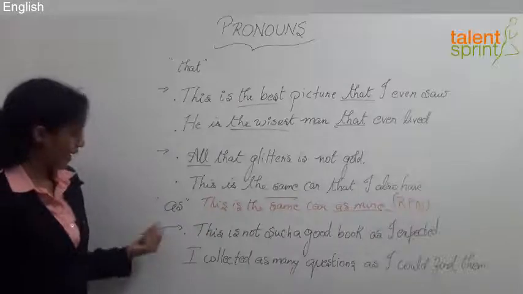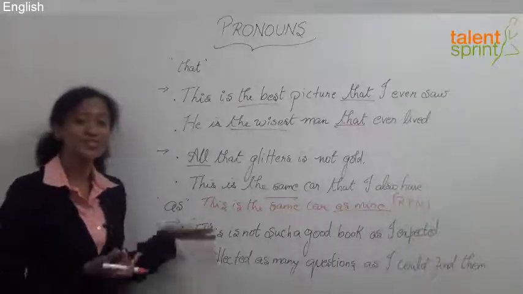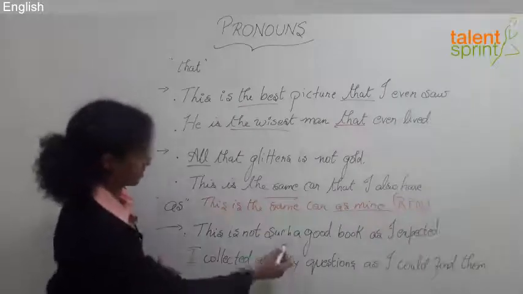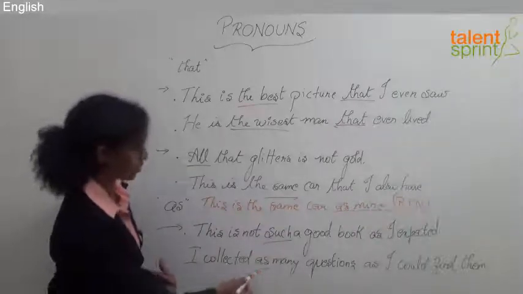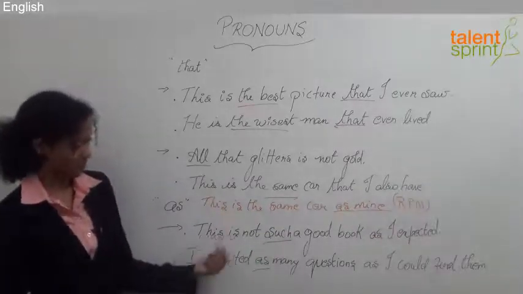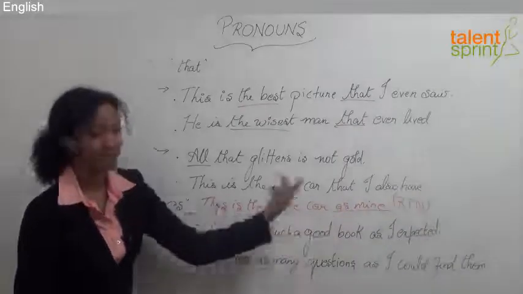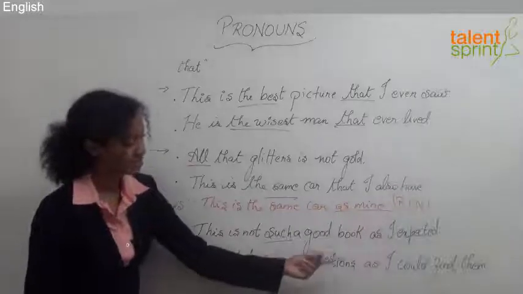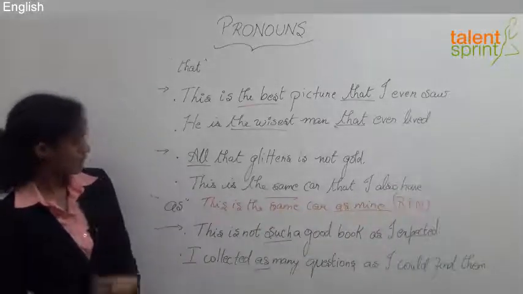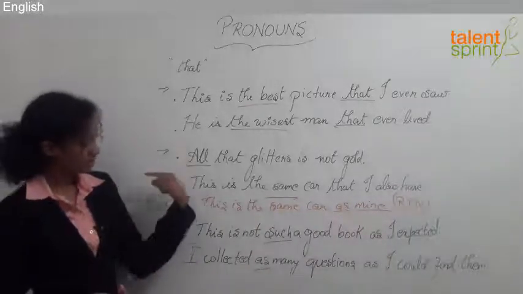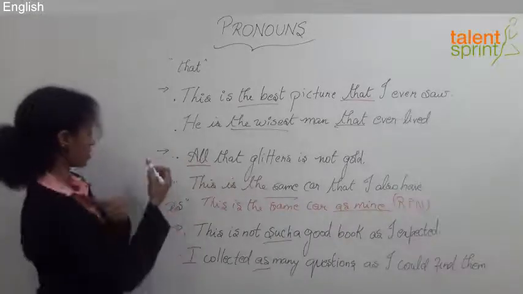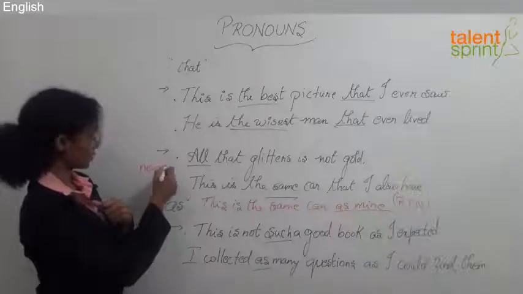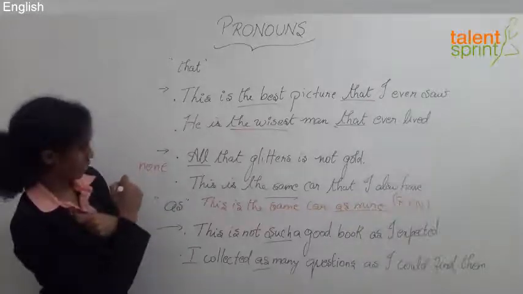Now as is also used as a relative pronoun when it is preceded by words like such or as. So, this is not such a good book as I expected, or I collected as many questions as I could find. In this case it is not only words like all or same, there are also words like none or only.